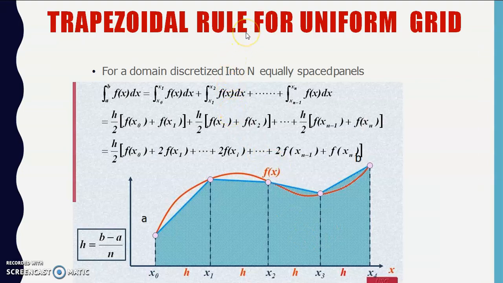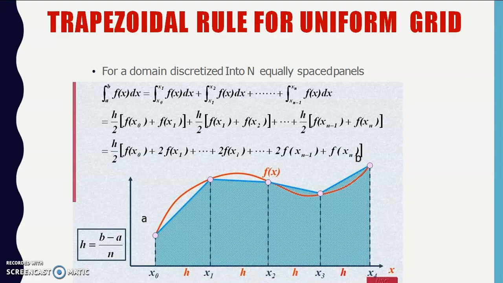Now the trapezoidal rule for a uniform grid means the whole interval is divided into n equal parts. As you can see in the graph, the interval a to b is divided into 4 equal parts: x0 to x1, x1 to x2, x2 to x3 and x3 to x4 with common difference h.